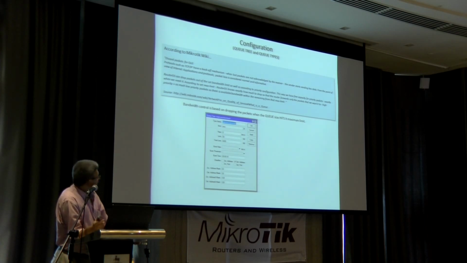What does it mean? Look at my qualifier. I use destination address. If the destination address reaches 50 kilobytes, it will start to drop the packets. And that is how you control the bandwidth.